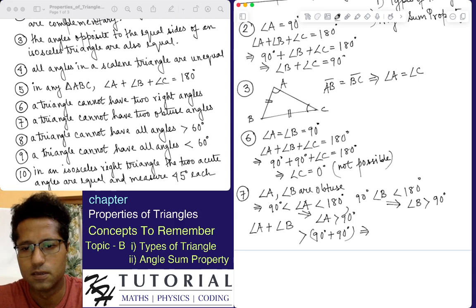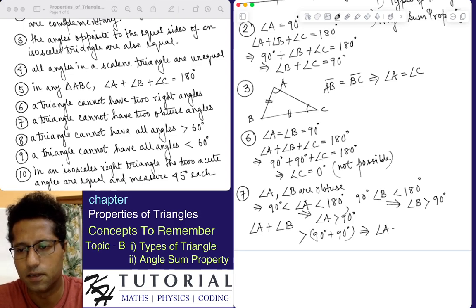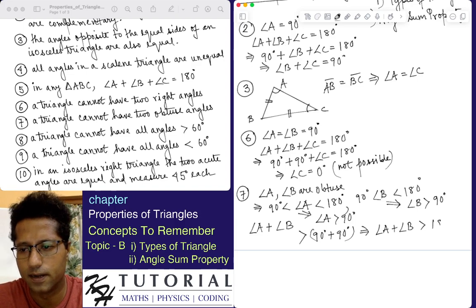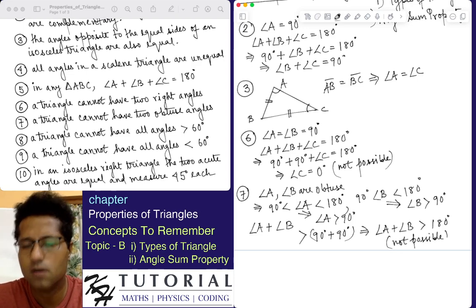This implies that angle A plus angle B is greater than 180 degrees. Not possible, because the sum of the three angles of any triangle is always equal to 180 degrees.